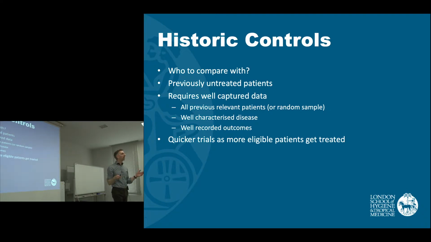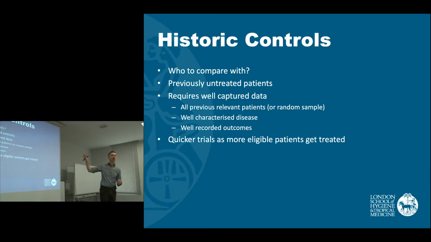So we need to be careful exactly who we would compare with, what sorts of patients were they, are they easily identified from a data source that already exists. And it would be really important that we capture all of the relevant information for those patients, such as what disease stage they were at, what their outcomes were.